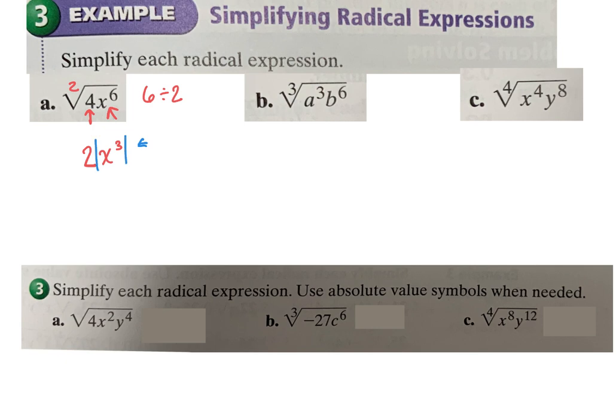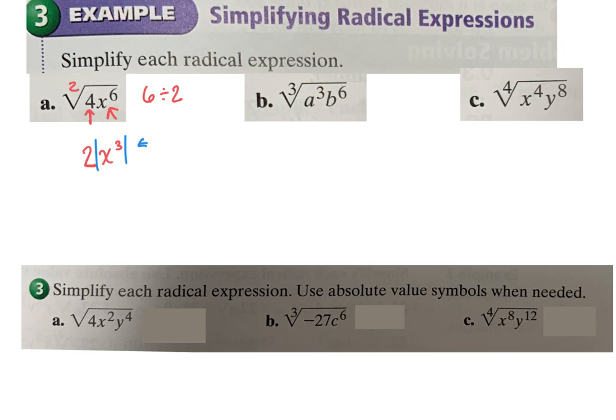I have to do absolute value because he could be negative, and my index tells me I can't have a negative in the root. Had he been x to the 4th, it would be unnecessary to write because x to the 4th will never be negative. So I don't have to force it to be positive. It always is. But because x cubed can be negative and my index says I can't have a negative, I must put an absolute value there.